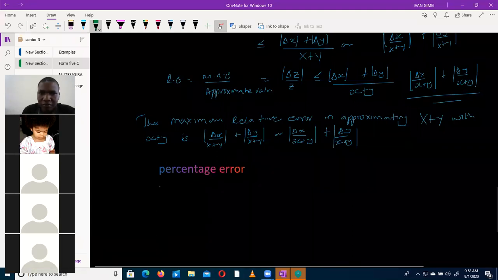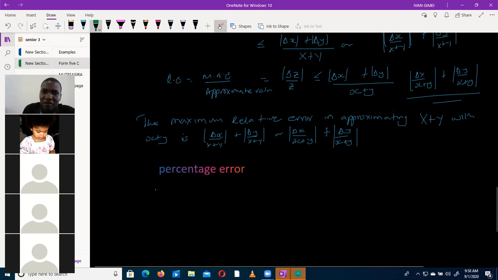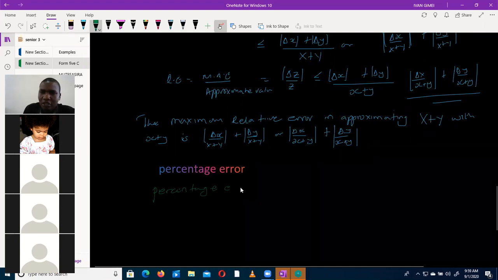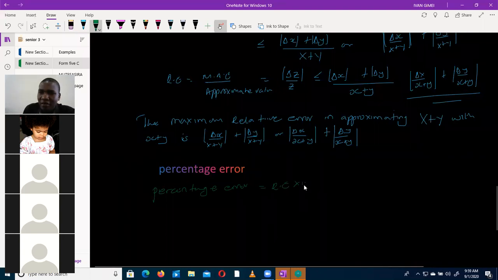The percentage error is the product of the relative error and 100%. So percentage error is simply relative error expressed as a percentage. Percentage error is the same as relative error, but expressed as a percentage like that. So when you write percentage error, write relative error as a percentage.